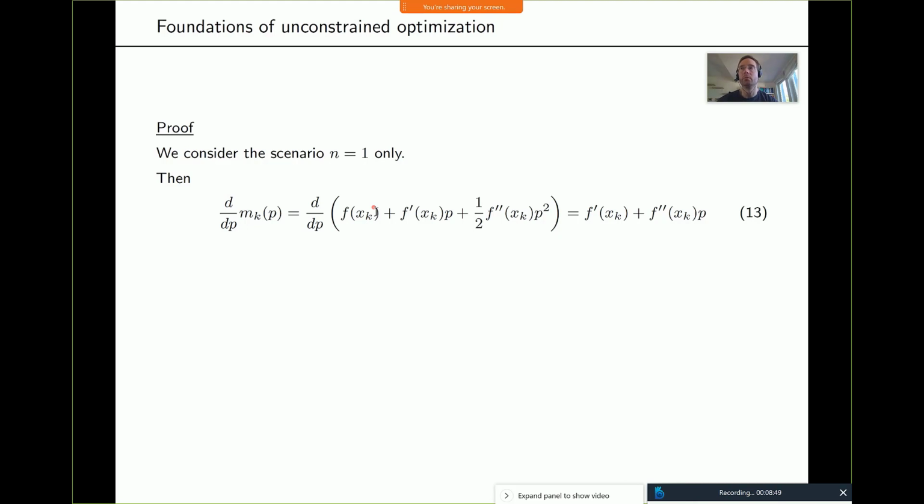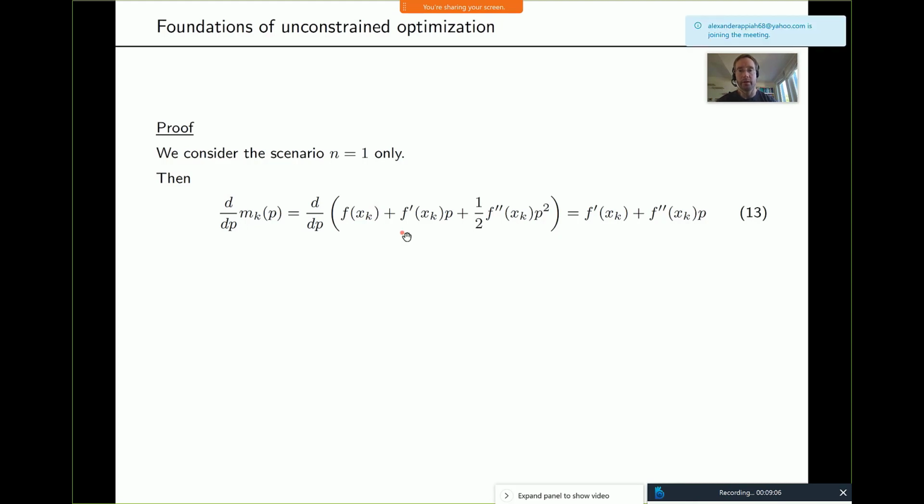And this we do as we typically do in analytical optimization. We compute the first derivative and set it to 0, because we know that this is the necessary condition for a minimum, and then we solve for the location of the minimum.